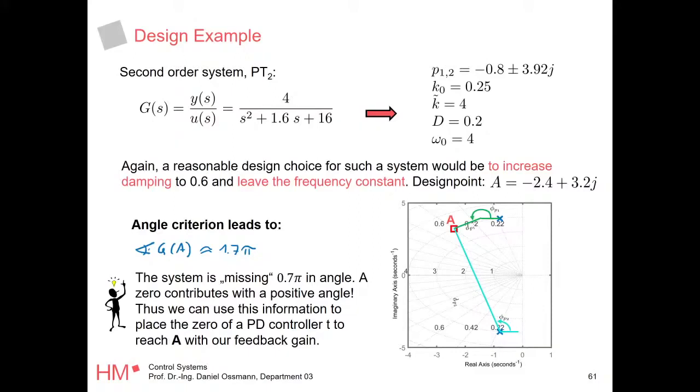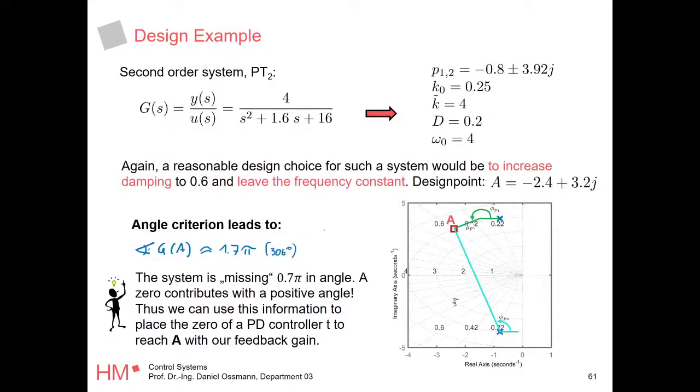Oh no, there the angle criterion was minus 1.75, but we wanted to place the damping at 0.7. So it's not totally the same. Now we want to place the damping at 0.6, and the angle criterion gives us 1.7 pi, not 0.7, kidding. It's roughly 306 degrees, if you want to have it in degrees.